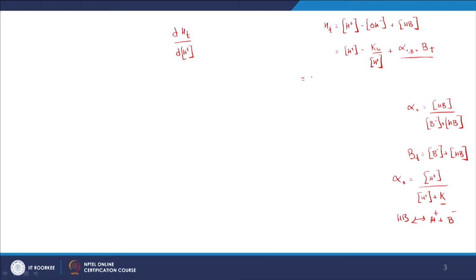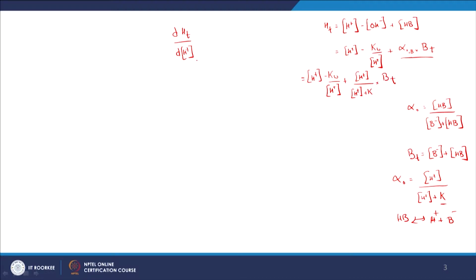H total is equal to the H plus concentration minus KW by the concentration of H plus plus alpha naught. Alpha naught is the concentration of H plus by H plus plus K, into B total.